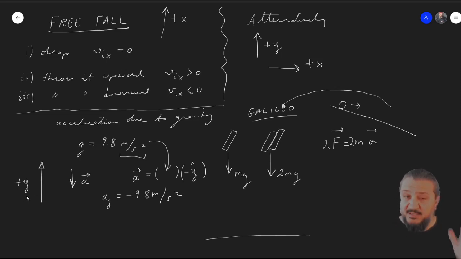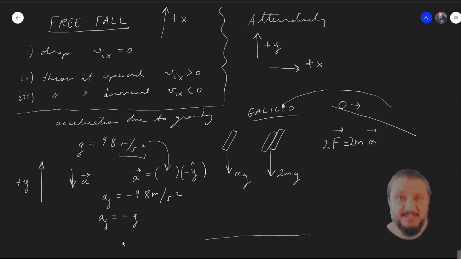So if you pick up as your positive y direction, like most people would do, then AY is negative 9.8, okay? But G is still 9.8. So AY is negative G, because G just represents the magnitude of the acceleration, okay?